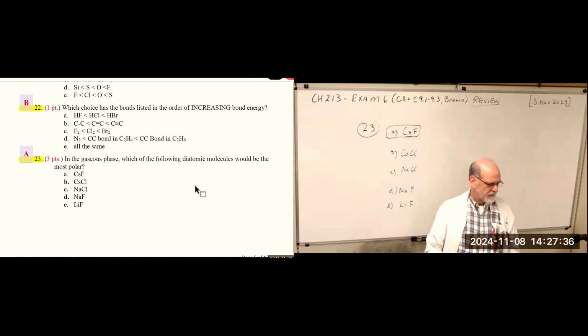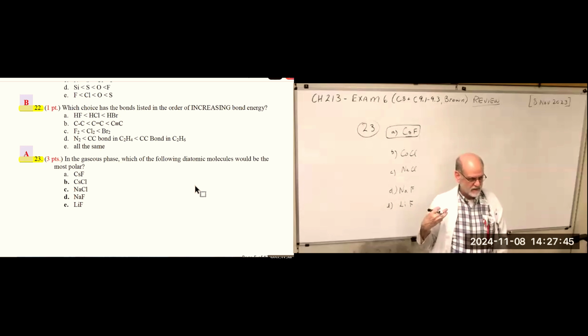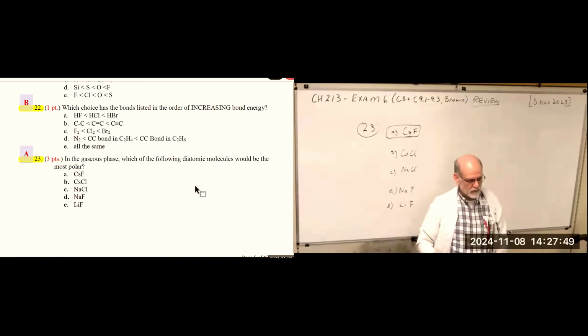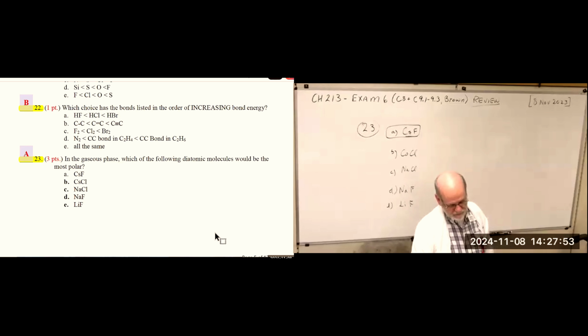In fact, as you increase polarity, you weaken the bond because you're pulling electrons preferentially to one side more in a very polar bond than you would in a slightly polar bond. And that weakens the bond. So the answer is A. Cesium fluoride should be the most polar.